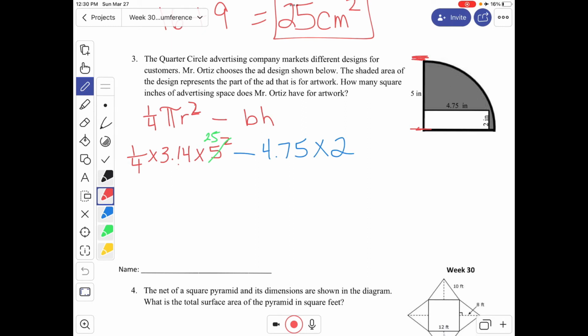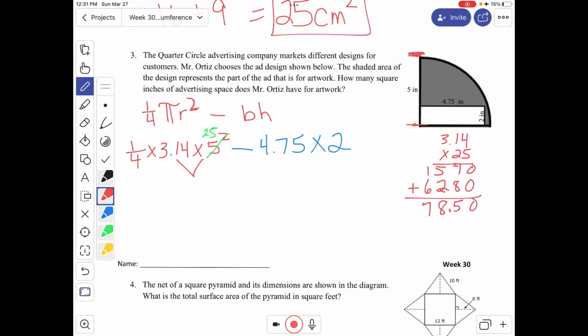3.14 times 25. When I work that out, I get 78.50. So the quarter circle area is 78.50. No, wait, I left something out.